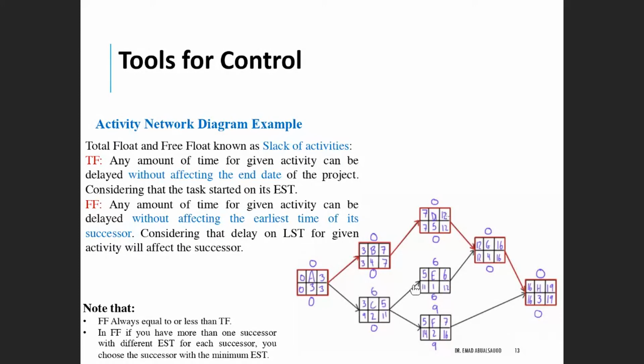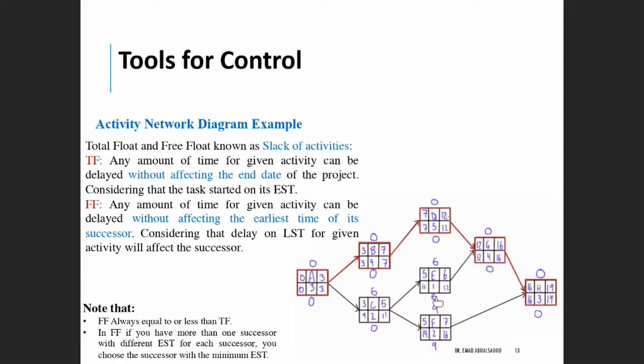In this case, the one we have calculated, you have 6 weeks if you are going to start on the late start time, which is 11, and you still can finish without affecting the early or the late start time for the coming activity.